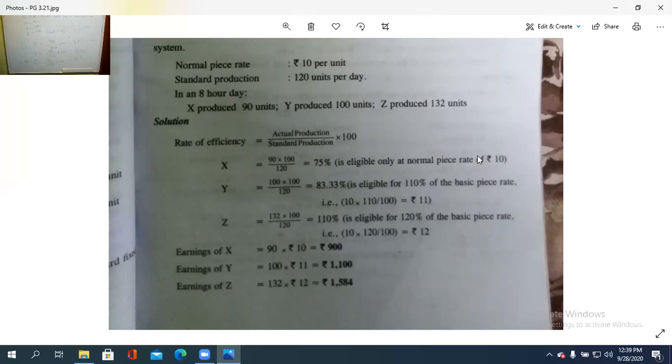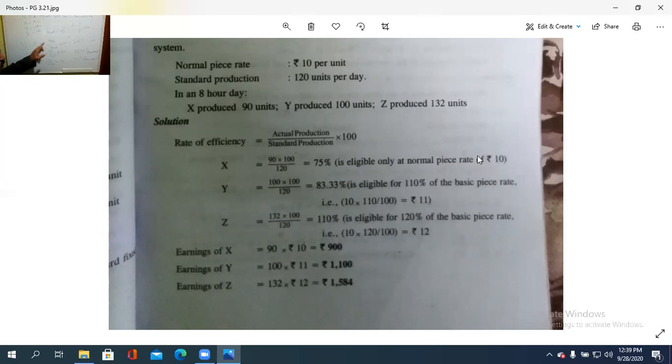Second case 83.33%. 83.33% എന്ന് പറഞ്ഞാൽ 110% of the basic rate. അപ്പം 10ന്റെ 110% എടുക്കണം. ഇതാണ് 10ന്റെ 110% എടുക്കണം. Here 10ന്റെ 120%. ഇവിടെ നോർമൽ റേറ്റ്. അപ്പൊ അതാണ് എടുക്കേണ്ടത്. മനസ്സിലായില്ലെങ്കിൽ ഒന്നുകൂടെ പറഞ്ഞു തരാം.